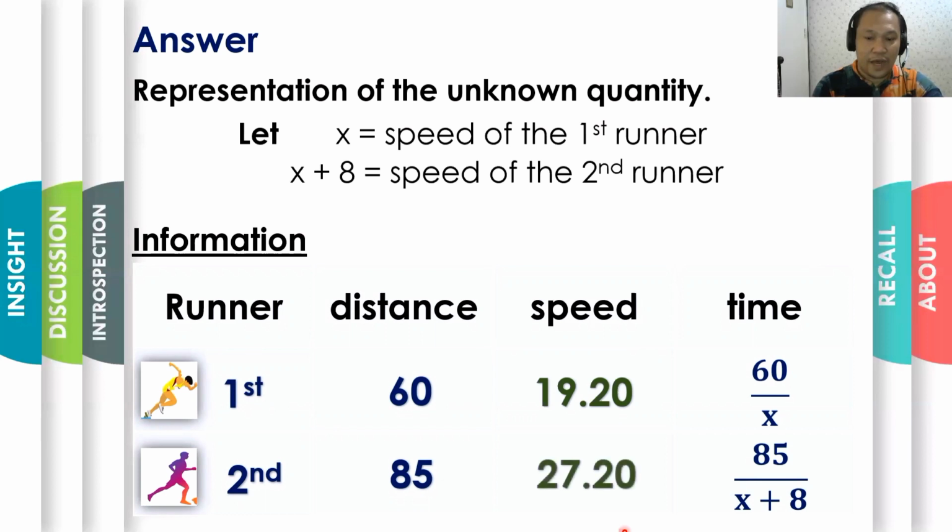Then the second runner will be 27.20 kilometers per hour. Always express and indicate your unit, and in this case, we are using kilometers per hour.